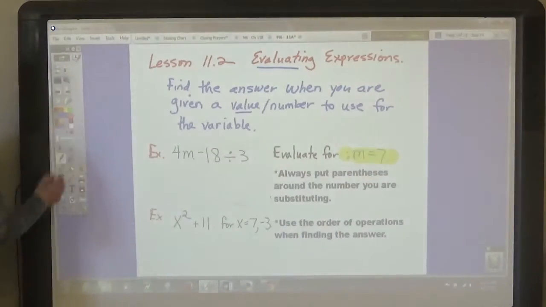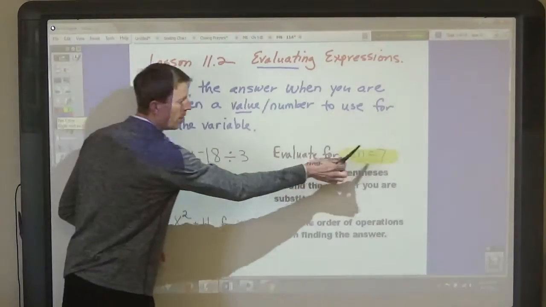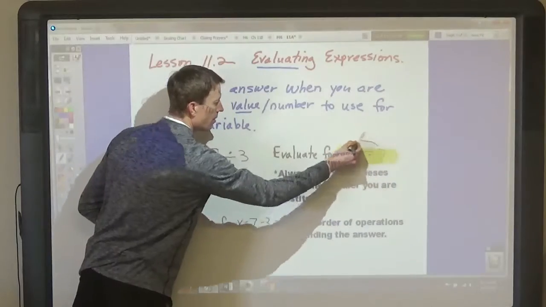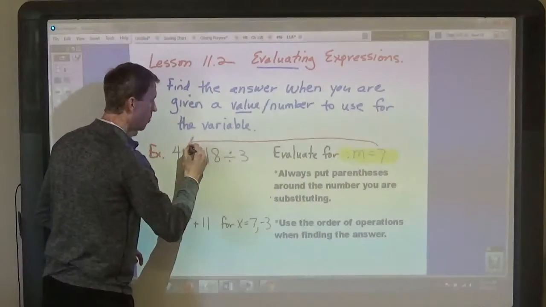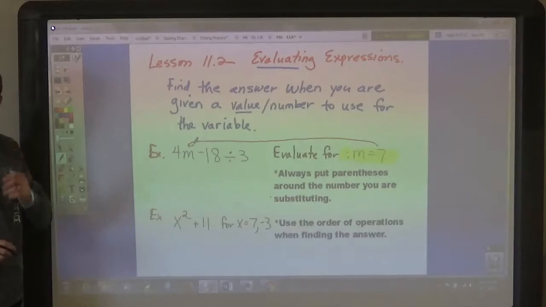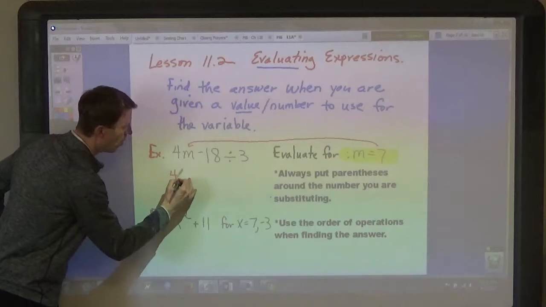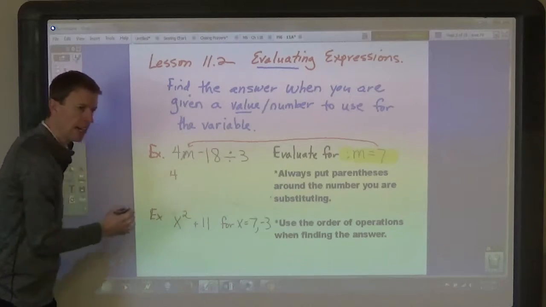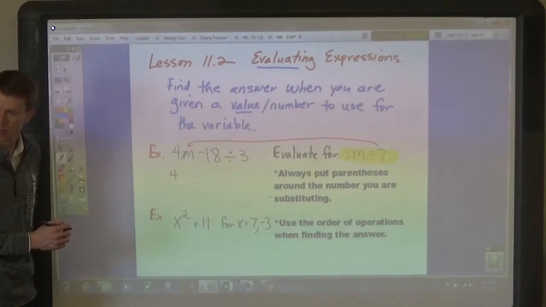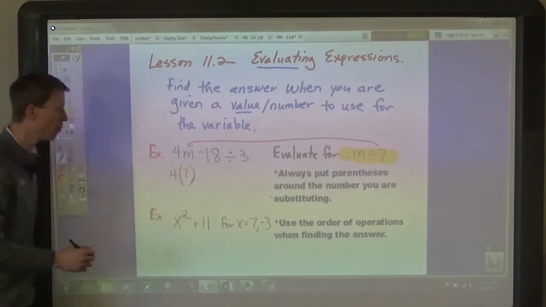And here's how you find the answer. You put this 7 in place of the m in the equation, or in the expression, I mean. So instead of writing m, you'd write 4, and this means 4 times m. So we are going to put the 7 in parentheses.